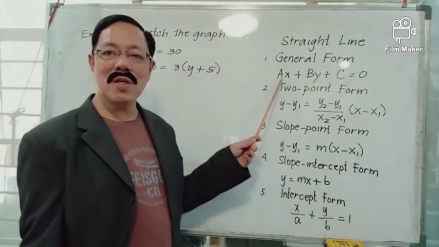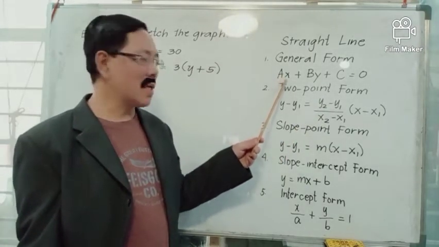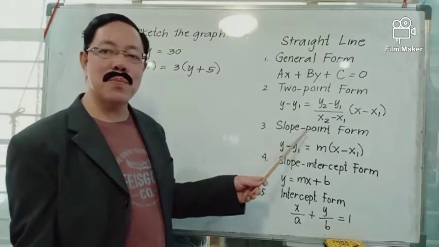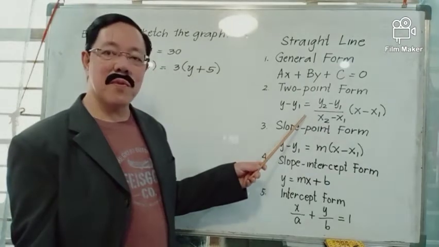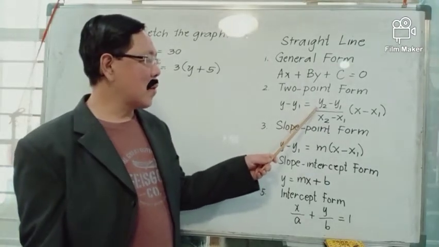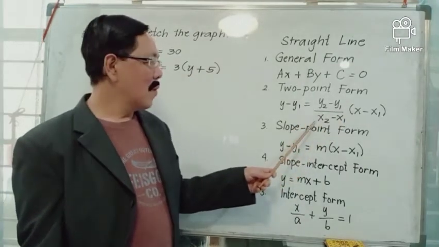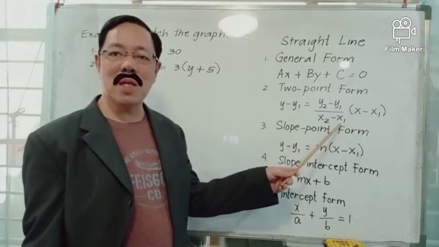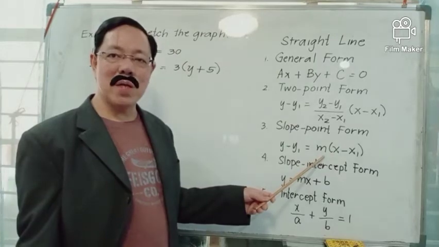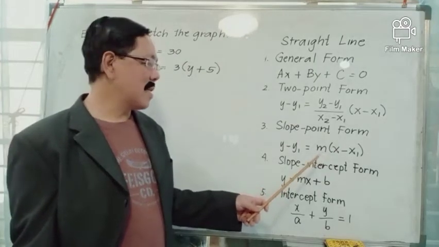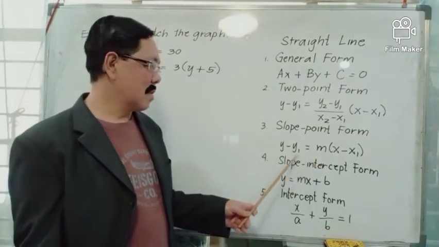The linear equation in two variables x and y can also be written in slope point form. In two-point form, if we let this ratio y2 minus y1 over x2 minus x1 be equal to m, then we will obtain the slope point form of an equation of a line in two variables x and y.